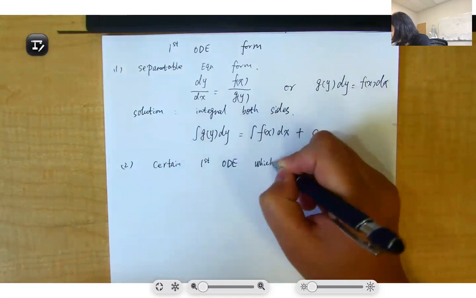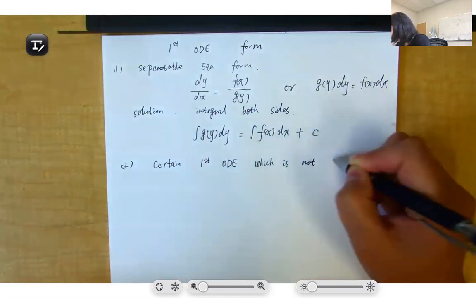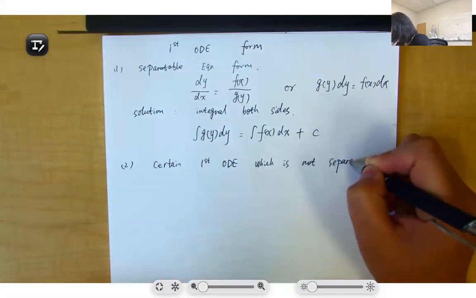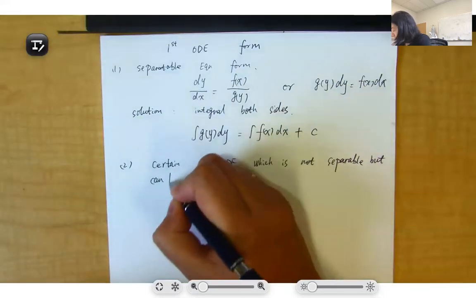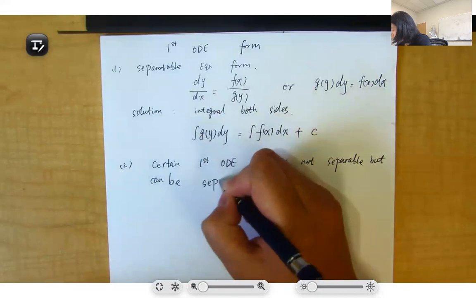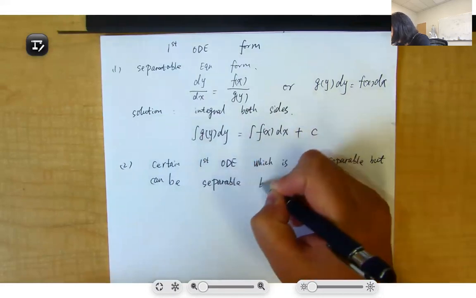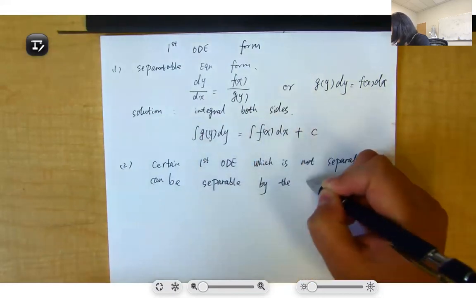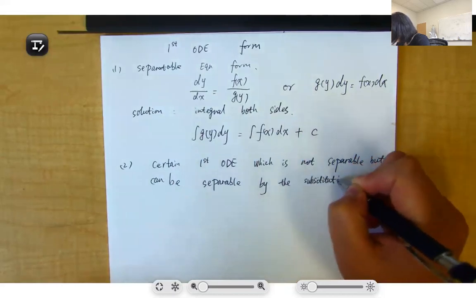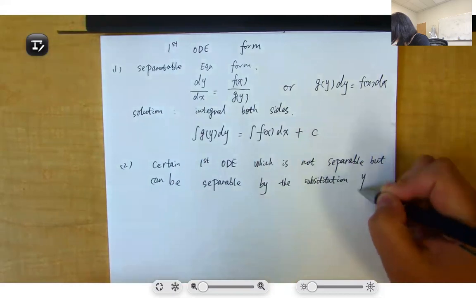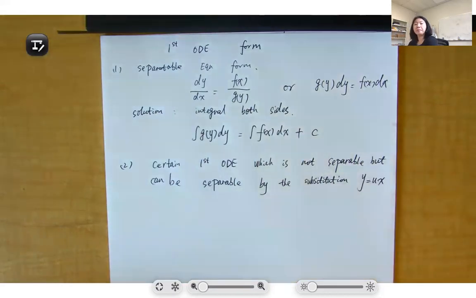which is not separable, but can be made separable by the substitution y equals ux.